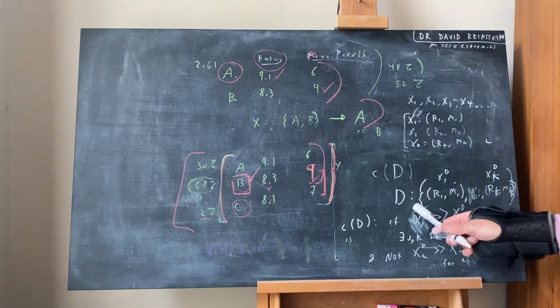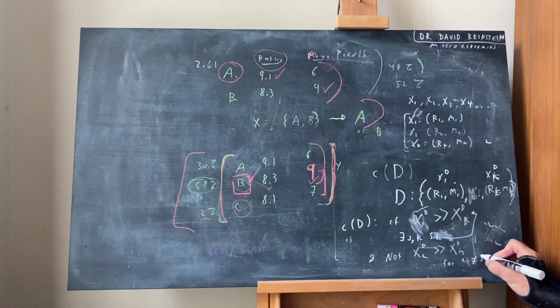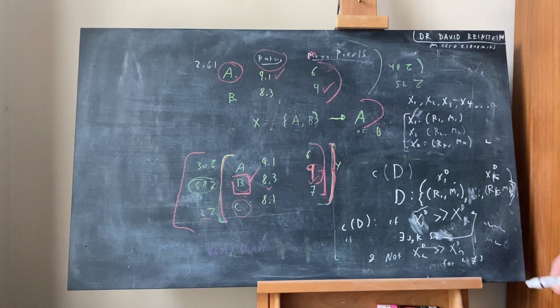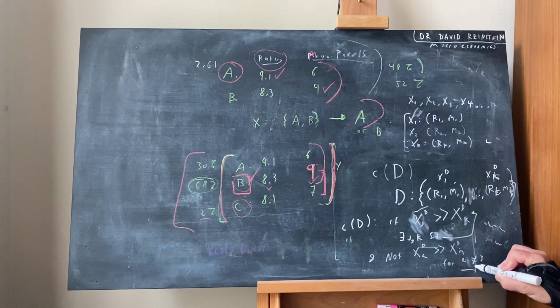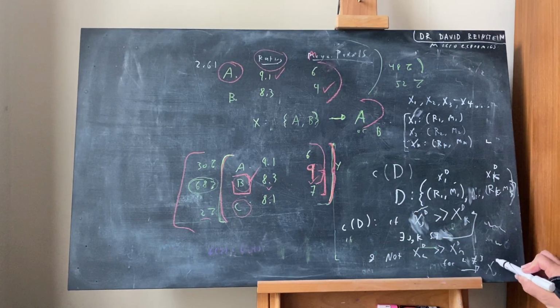We're talking about the preferred element. For L not equal to J, then we choose, then the choice is element XJD.